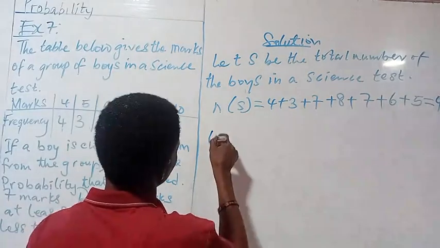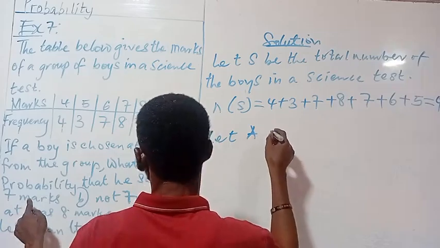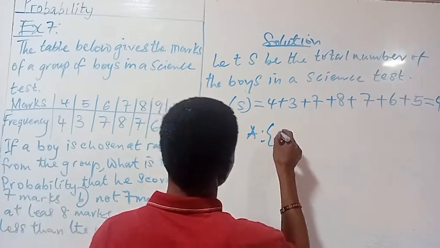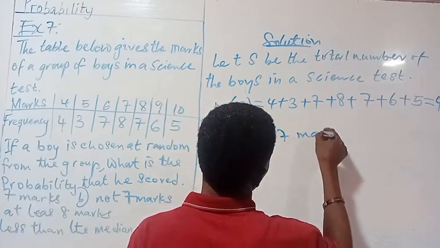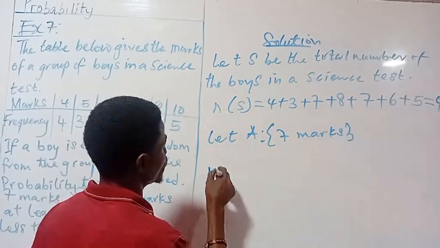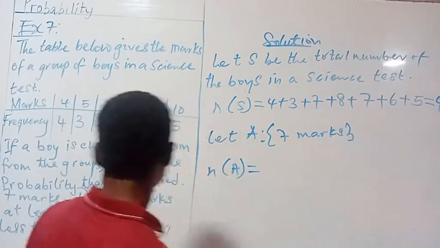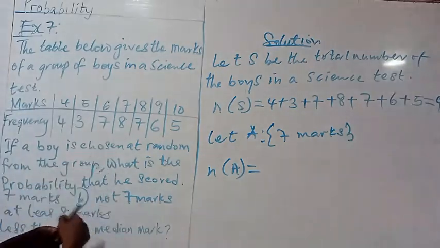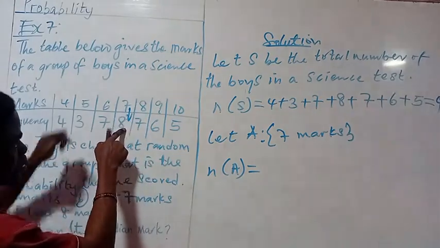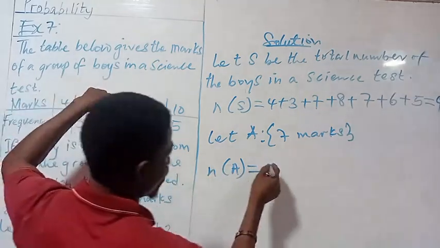So you can tell that let the event be A, the 7 marks. So the cardinality of 7 marks is the number of the students that score 7 marks. Let's look at it. The corresponding value of 7 marks is 8. So we have it as 8.